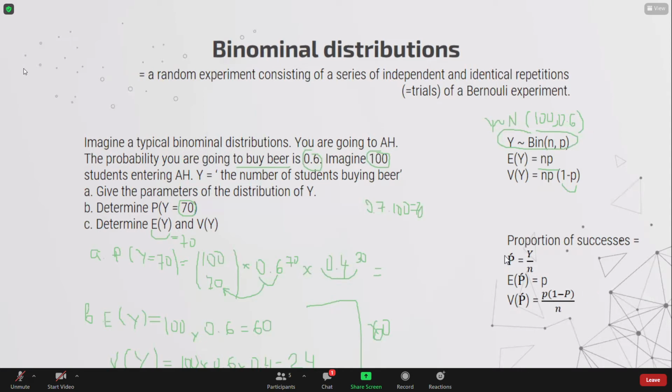And here I had a few formulas written down for proportion of successes, which I'm not sure if you had exercises with before. I was looking and I couldn't find an exercise about those, but I thought it's going to be useful just to have the formulas around.